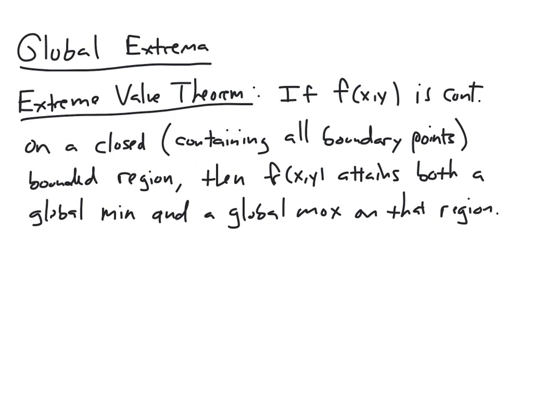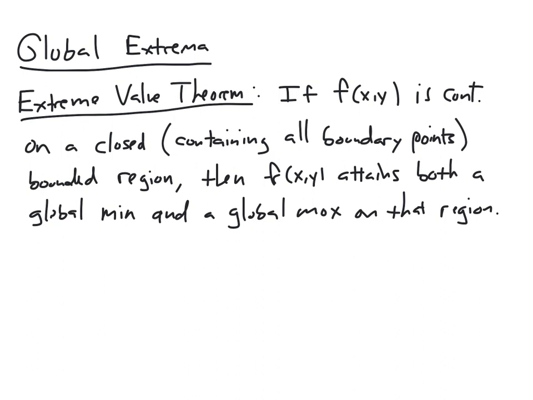So in single variable calculus, the extreme value theorem simply said that if f is continuous on a closed interval, and that would be a region on the real line that contains all of its boundary points, namely the two endpoints of the interval, then it attains both a global min and a global max on that interval. So this is just a natural extension of that to multivariable functions.